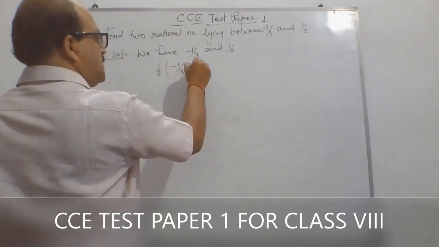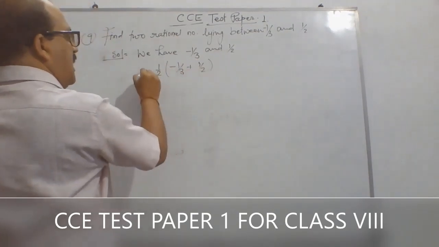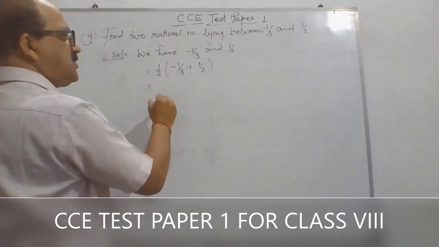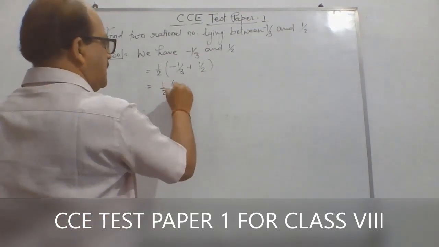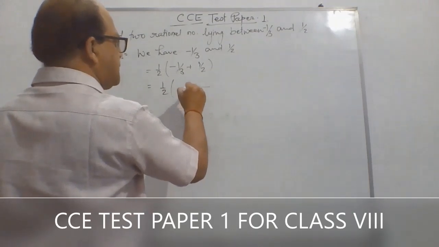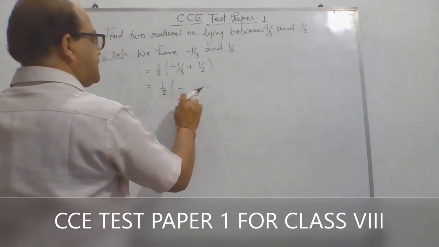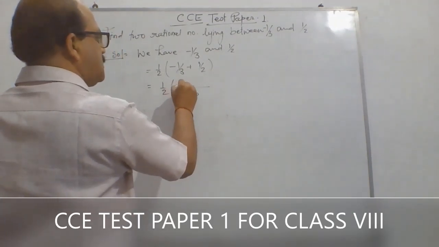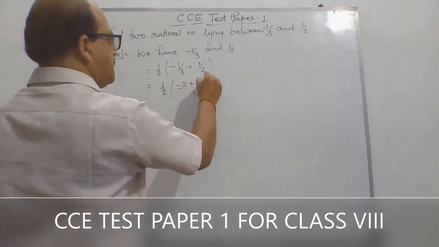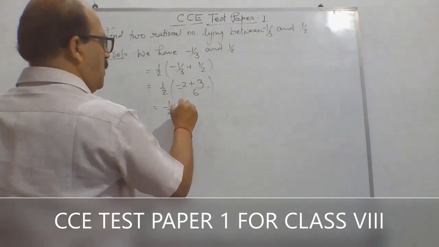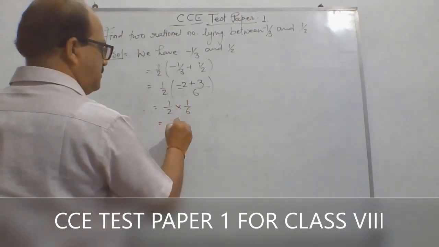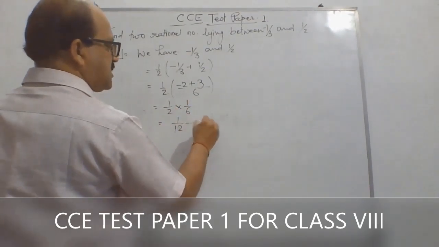Adding both rational numbers and multiplying by 1 by 2, we will get a new number. Taking the LCM of 3 and 2, 6 is the LCM, 3 2s are 6, so minus 2 plus 3. 1 by 2 into 1 by 6, so 1 by 12 is the new rational number.